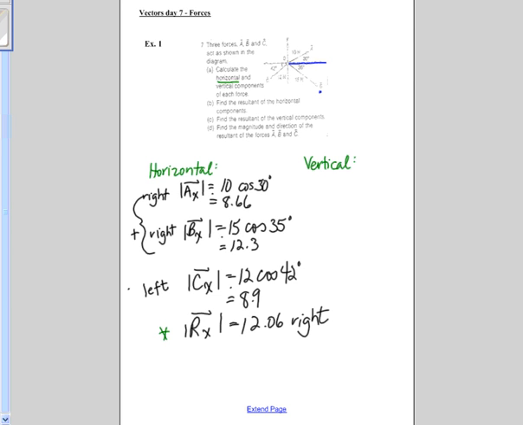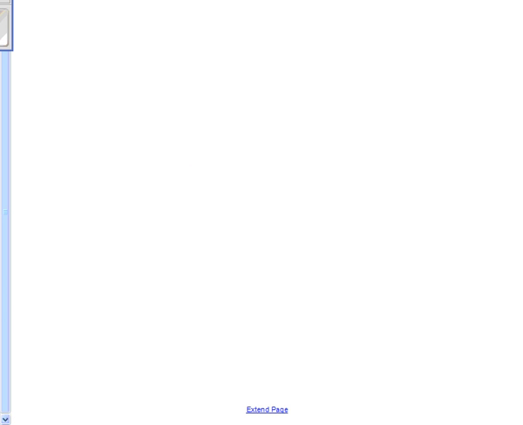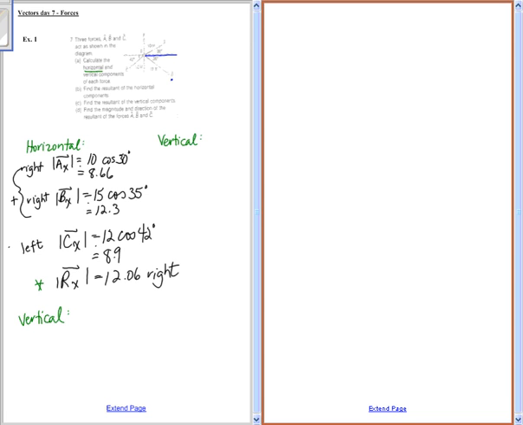For my vertical, I think I'm going to just write it down here. Okay, let's do it on this page.